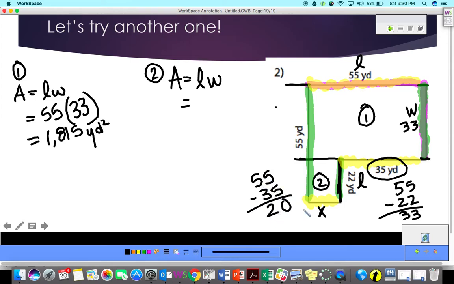This measurement here is 20. So what I need to do right now then is use that 20 and the length that I already have of 22. 22 times 20 is going to be 440 yards square.